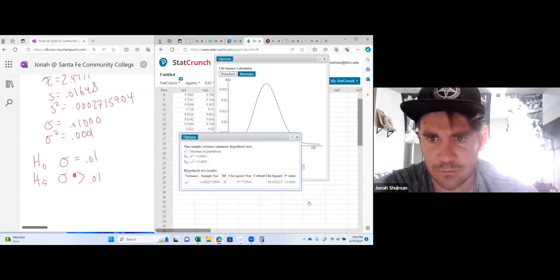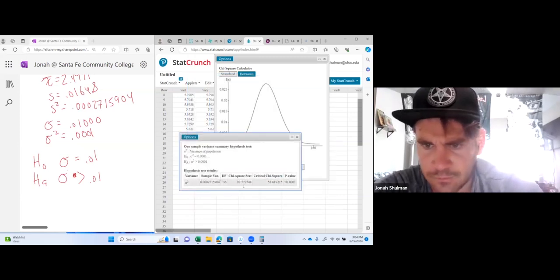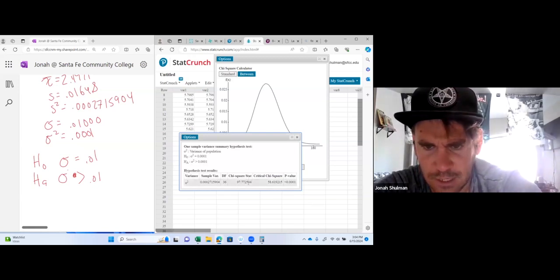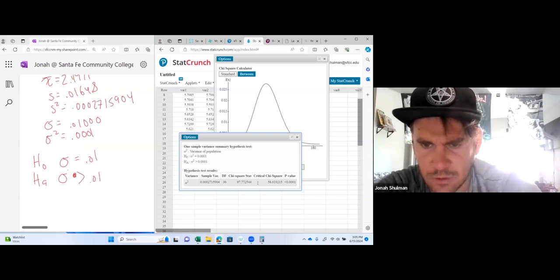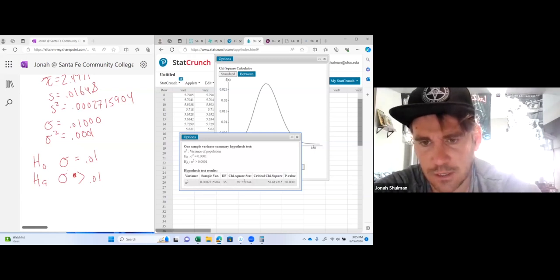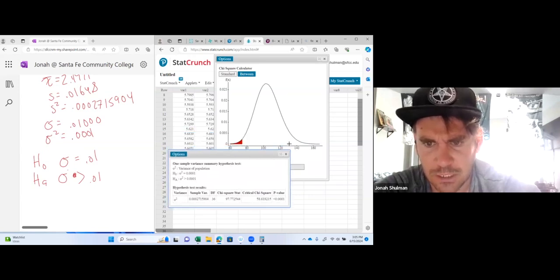And we click compute. So our chi-square stat, right? And then we have our critical chi-square. Notice that this is bigger than this one, so this one falls within that little piece over to the right. Because our statistic is bigger, because we're going the other direction, it's got to be bigger.